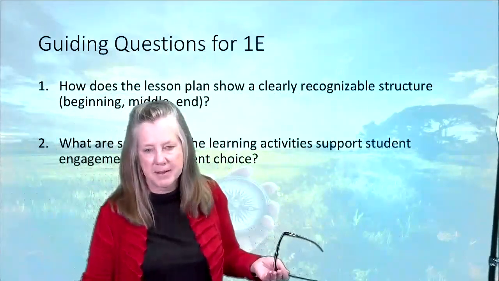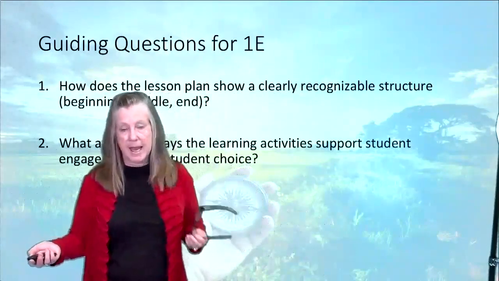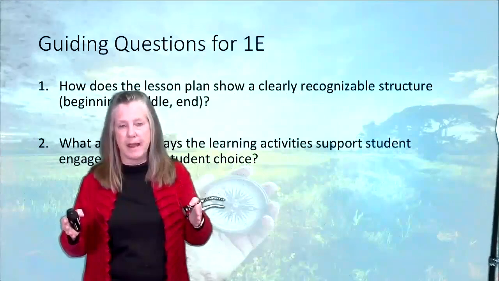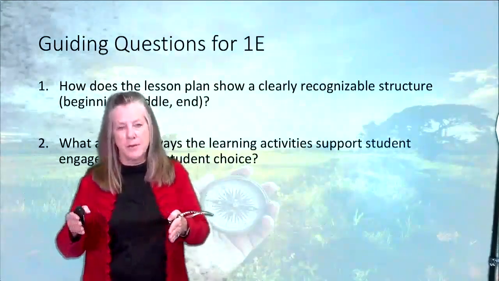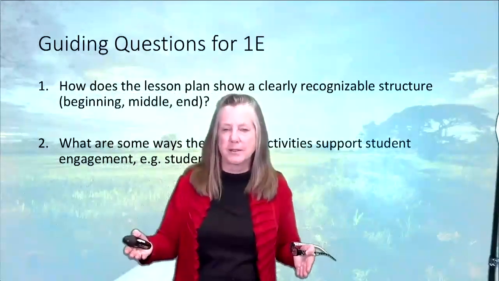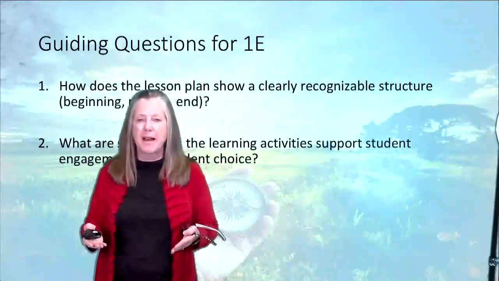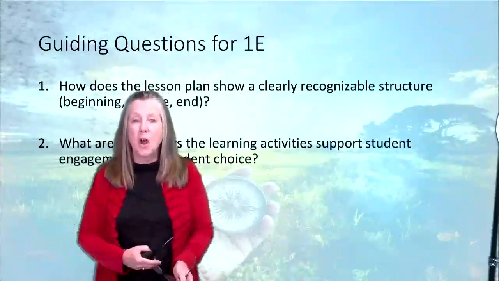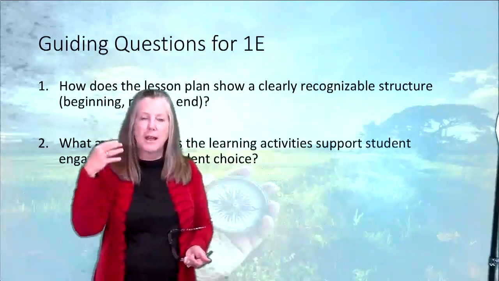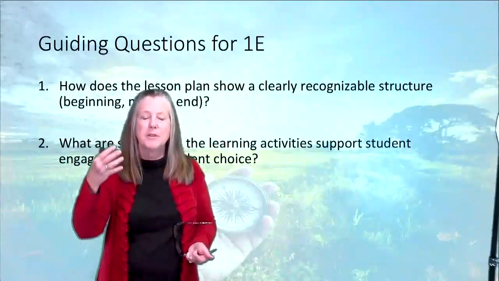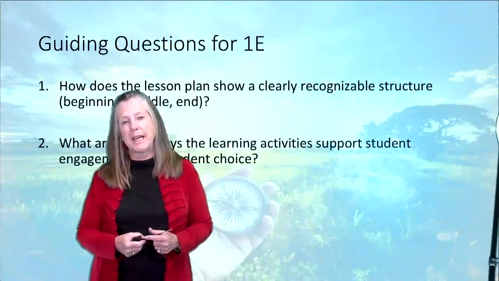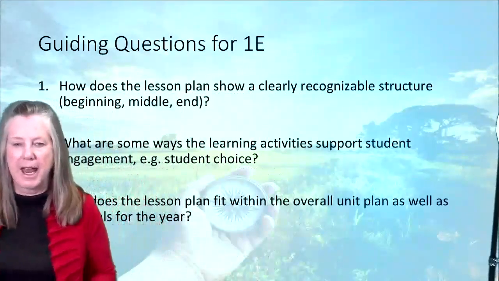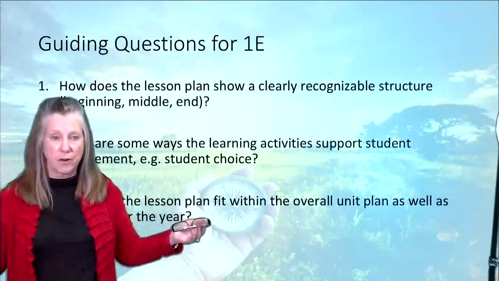When I'm talking with groups about standards-based grading, for example, and we say, okay, we're going to grade on a rubric of 1 to 4, and 1 is struggles with it, 2 is developing, 3 is proficient, and 4 is exemplary, or whatever term you want to use, then we talk about the fact that you absolutely have to have things planned that allow the students to show proficiency, to show exemplary performance in that. If you want them to go beyond proficiency, what opportunities are you planning in for them to take it that far? And then how does the lesson plan fit with the overall unit plan and the goals for the year?